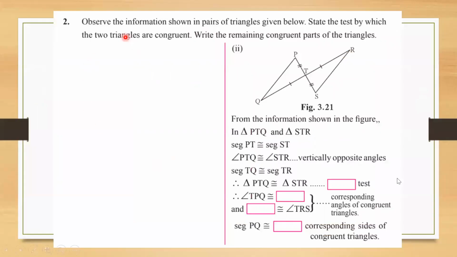And students, here you can see angle TPQ is congruent to angle TRS, and segment PQ finally is congruent to segment SR, which is the longest segment of the diagram. Now moving forward to the third question.